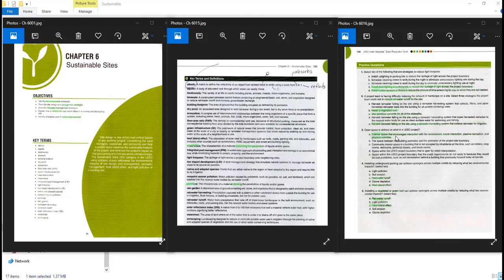So you have the terms, the definitions for those terms, and a set of questions. And the answers for the questions are in the back of the book, along with 50 other sample exam questions that will be of all the different chapters.